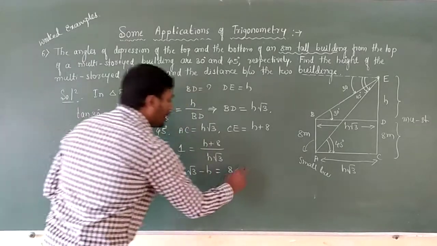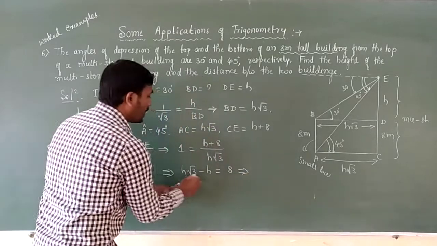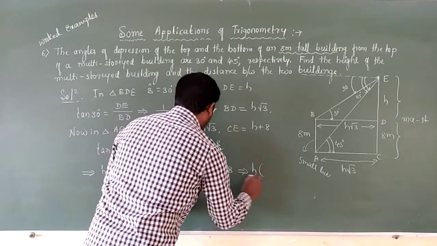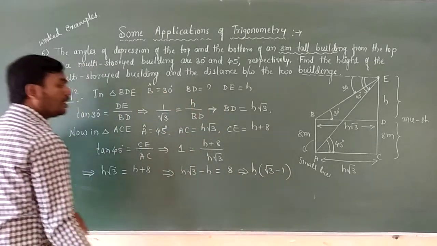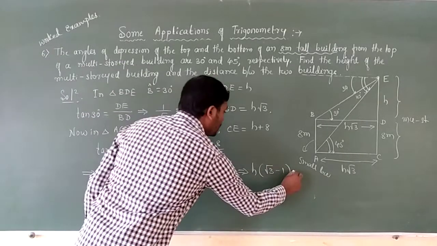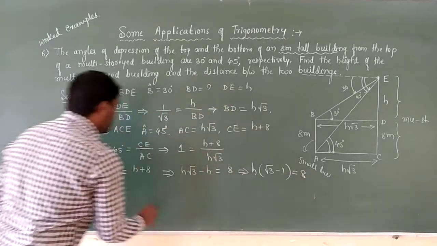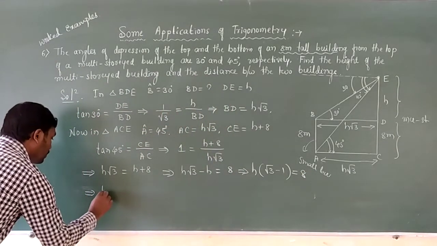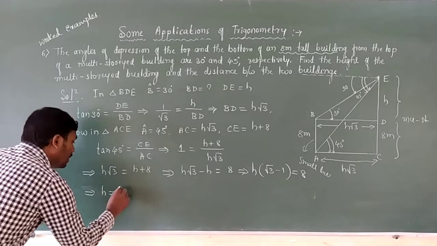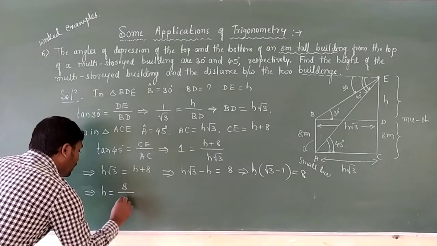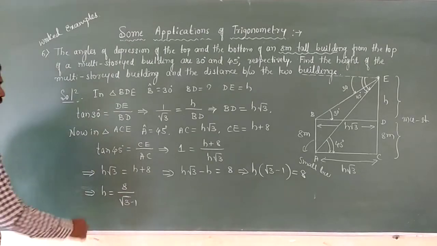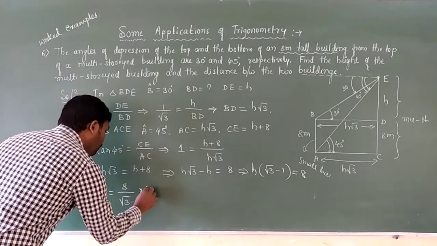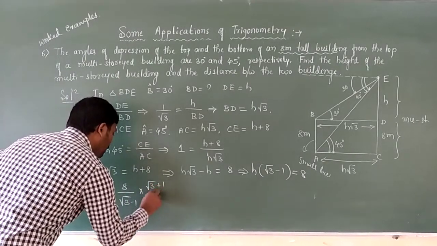Here we can take H common outside. What is left is root 3 minus 1. So H into (root 3 minus 1) is equal to 8, so H is equal to 8 divided by root 3 minus 1. We simplify by multiplying both numerator and denominator by root 3 plus 1.